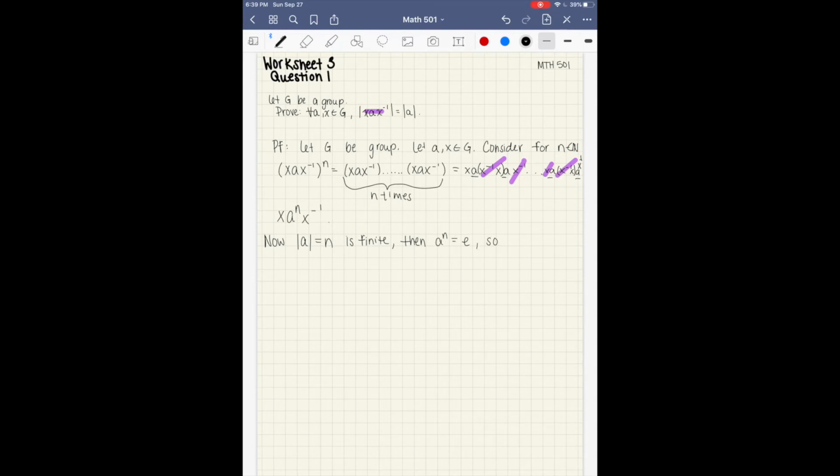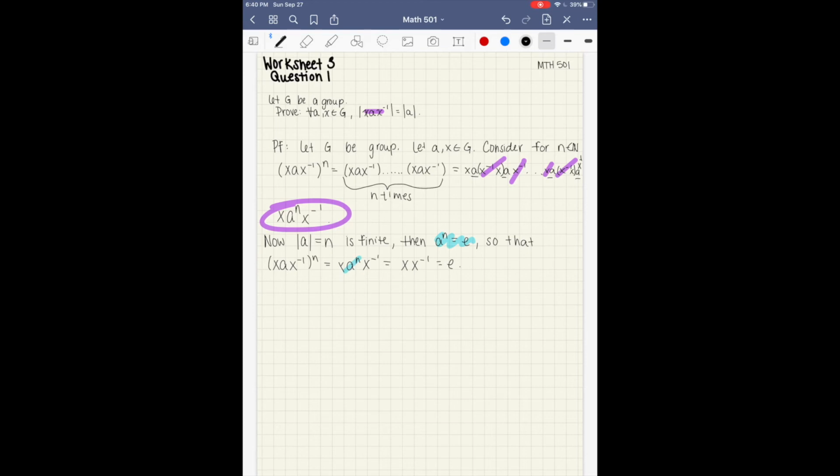So our x, a, x inverse to the n is equal to what we just proved here, x, a to the n, x inverse. Since a to the n is equal to e, this will cancel out because that's just the identity. So we're left with x, x inverse, and of course x and x inverse results in the identity.